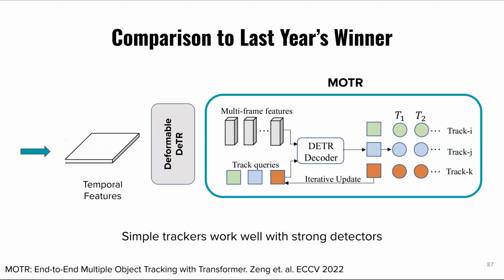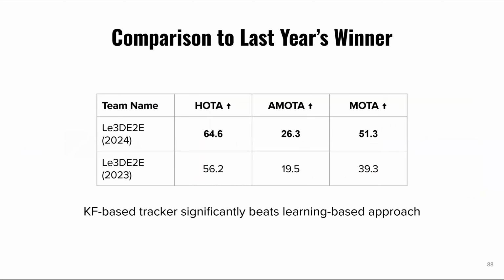Importantly, they used MOTR, which is an end-to-end learnable framework that uses object queries from the object detector and learns to associate objects over time. So simple trackers still seem to work incredibly well given strong detectors. And we can see this play out in the metrics as well.